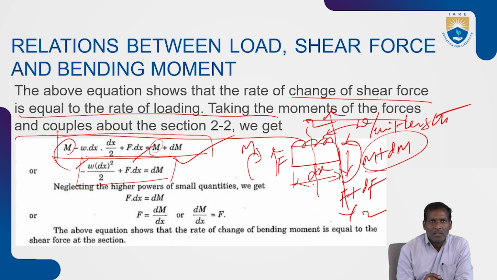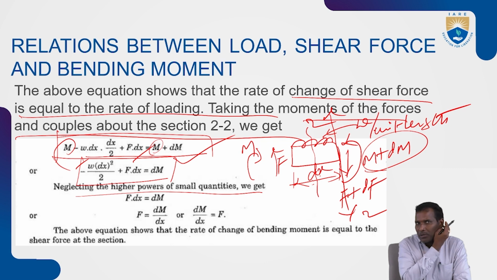So here, neglecting the higher powers of small quantities. Here the power is 2, so neglect the higher powers of small quantities. The quantity dx is the small elemental length.